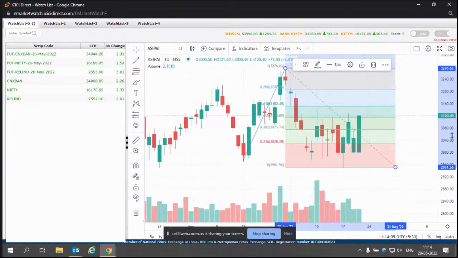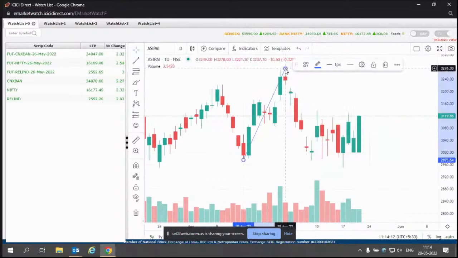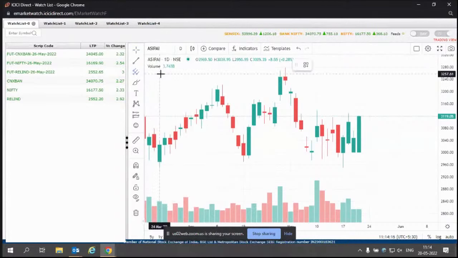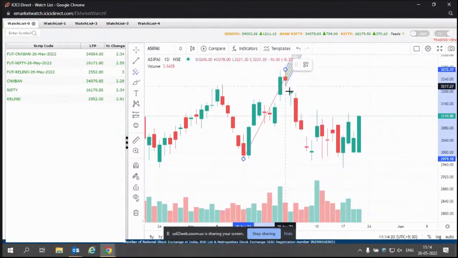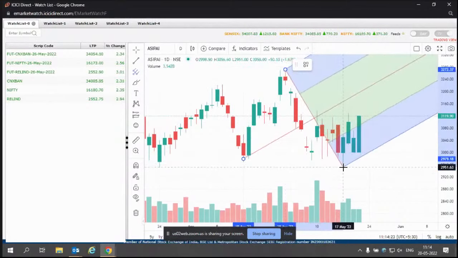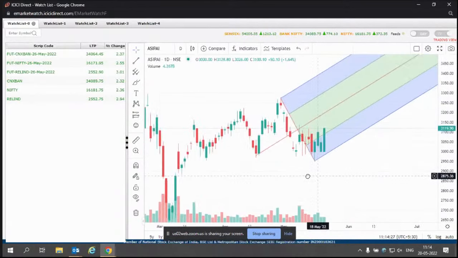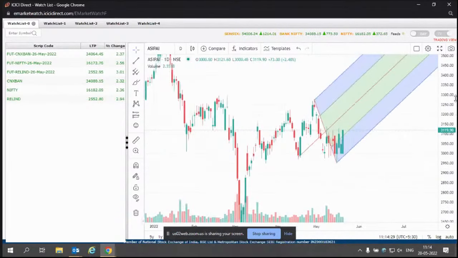Apart from that, the other tool is Andrew's Pitchfork. It is a tool where you mark three parallel trend lines to identify possible levels of support and resistance, as well as potential breakout and breakdown levels. Here, it is drawn by placing points at three consecutive peaks and troughs.